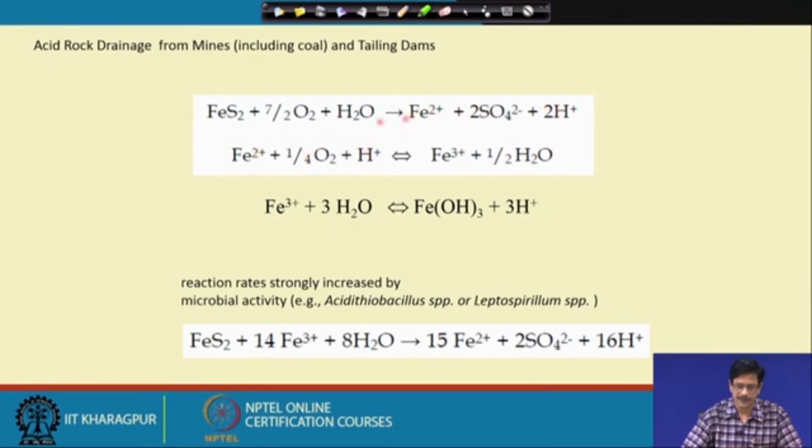Further, this Fe2+ is oxidized in the presence of H+ to give rise to Fe3+ and half water, and this Fe3+ when hydrolyzed gives rise to iron hydroxide, which will be in an amorphous or cryptocrystalline form like ferrihydrite, or it could be goethite, and which releases further hydrogen ions.